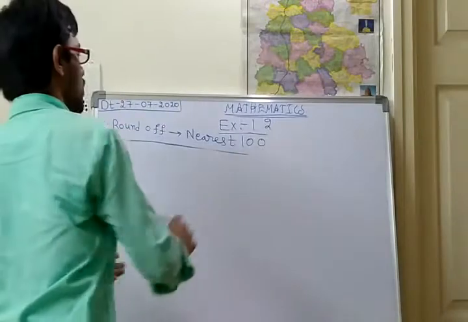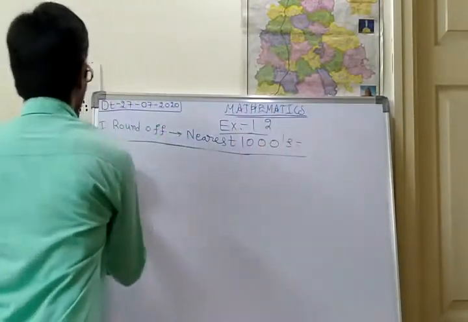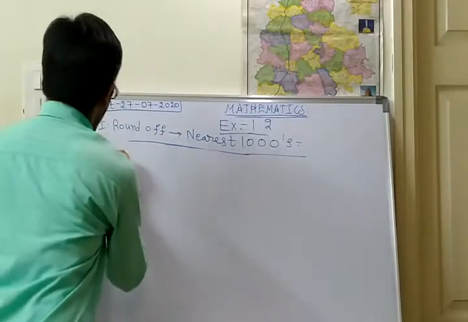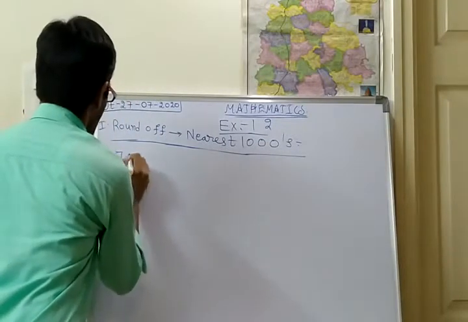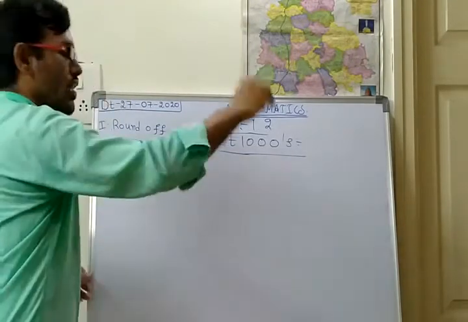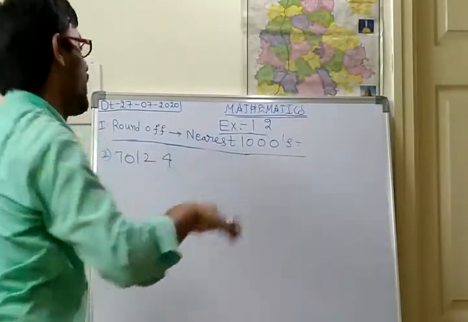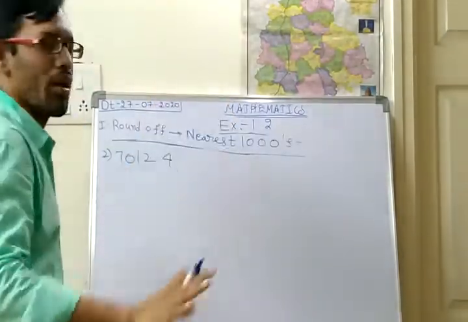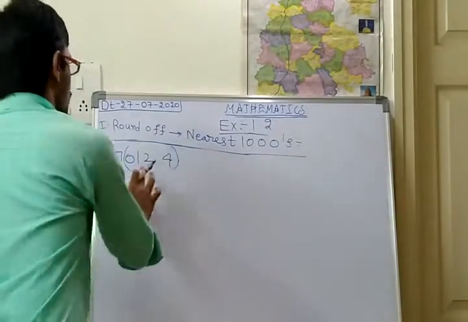In this bit, the second one, 70,124. There should be at least 4 digits; if there are more digits, no problem, we can do it. So we should take only 4 digits.